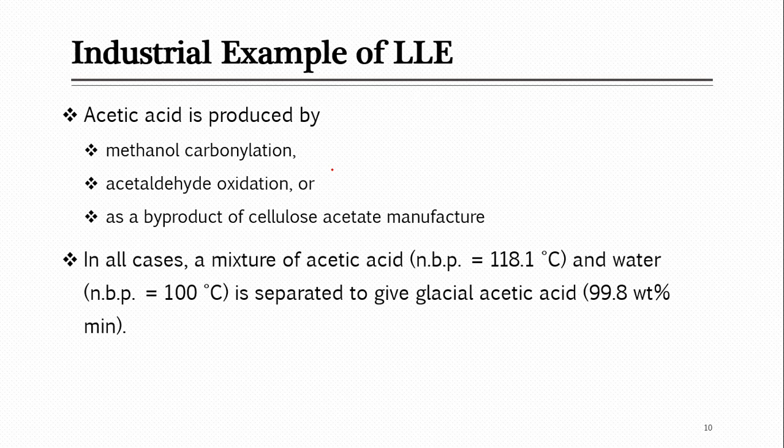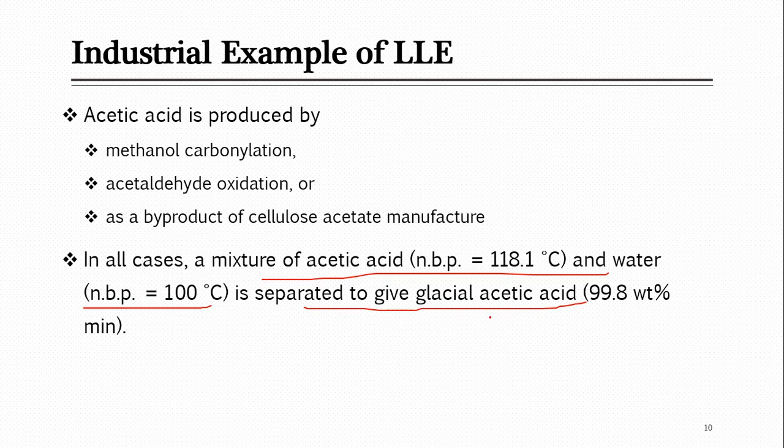Actually our purpose is that in all of these cases, when you look at the main reactions or the system, you will see that there is a mixture of acetic acid with water. In all these cases, a mixture of acetic acid is produced with a large amount of water. Acetic acid has a boiling point of 118 degrees C, and water has 100 degrees C. They come in the form of a mixture, and our purpose is finally to get glacial acetic acid.